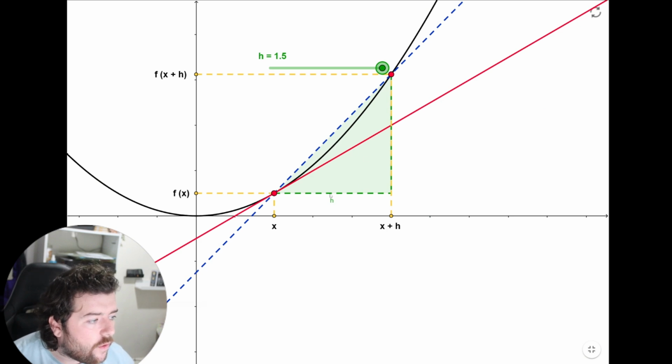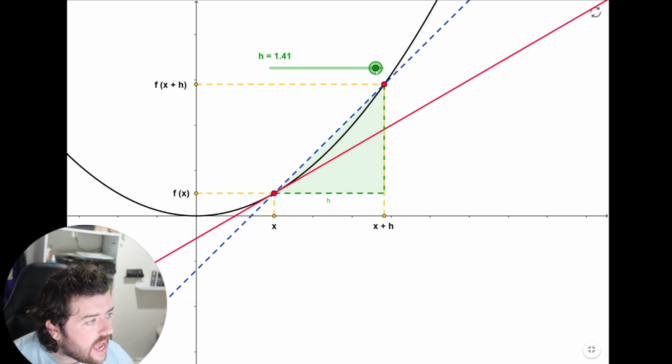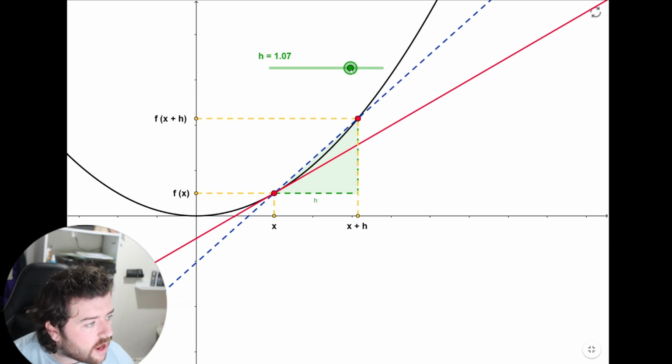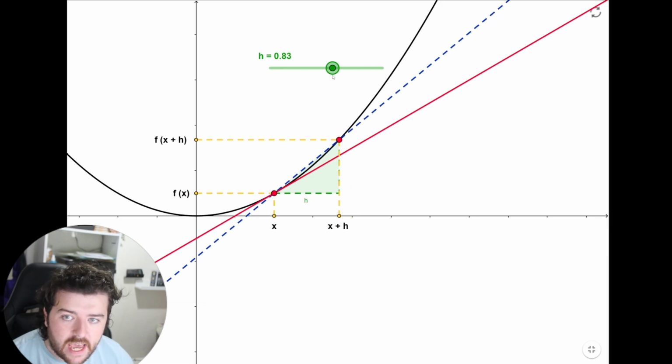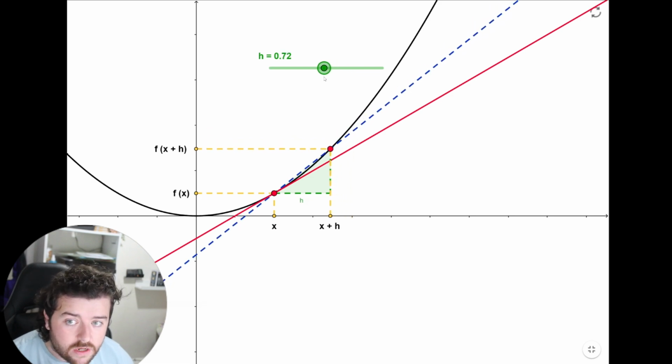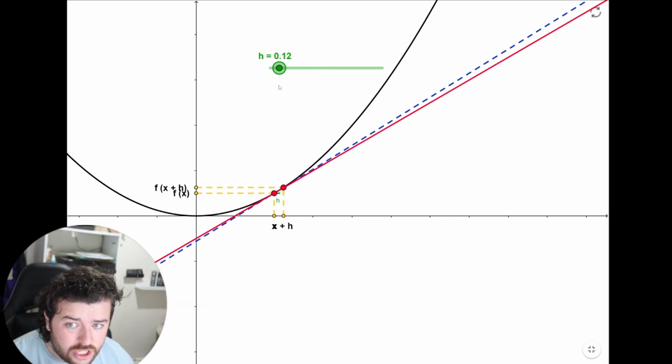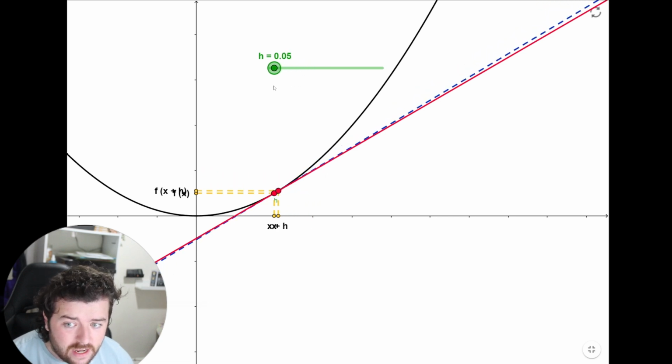Now, h is the horizontal distance between these 2 points. If I make h smaller and smaller, I'm pushing these points together, making the horizontal distance between them closer and closer, all the way to 0.